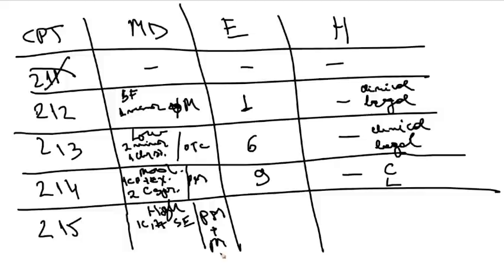And finally, the examination: if you want to claim a 99215, you must make sure that you have 14 elements. And again, for the history, I would forget about everything that the CPT code is doing and put there what makes sense clinically and legally. Now, you have to understand that when you put in the history what makes sense clinically and legally, very often you meet the criteria for a certain level of coding anyway.